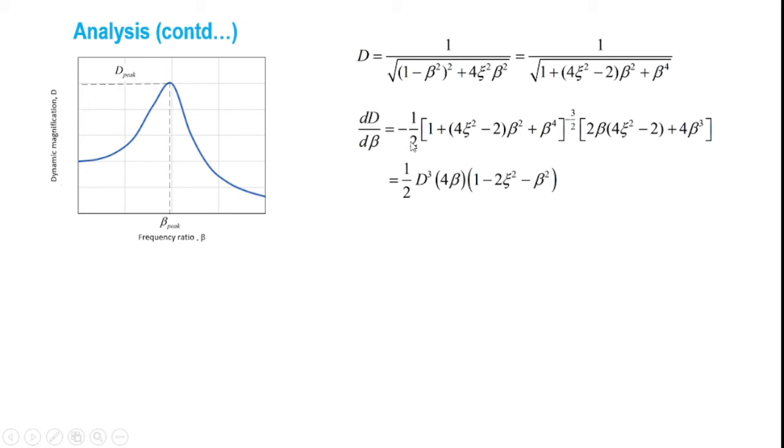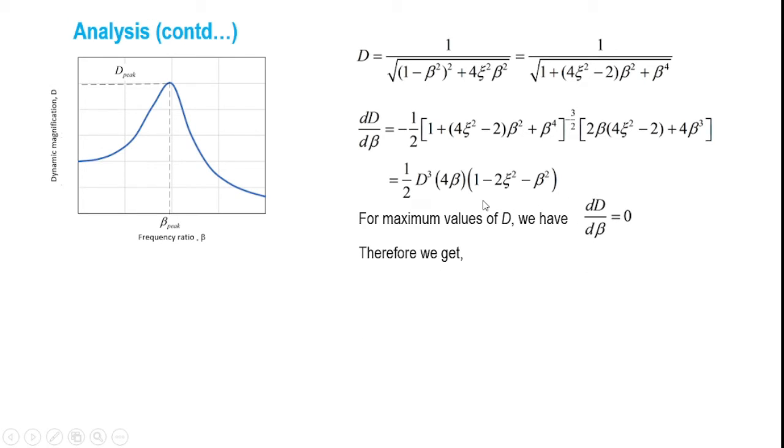a term minus half into (1 plus 4c square minus 2 into beta square plus beta raised to 4) the whole raised to minus 3 by 2 into (2 beta into (4c square minus 2) plus 4 into beta cubed), which further simplifies to half into D cubed into 4 beta into (1 minus 2c square minus beta square).